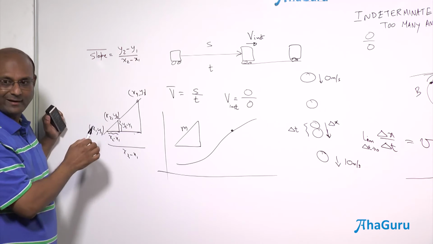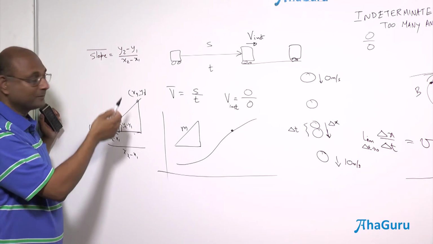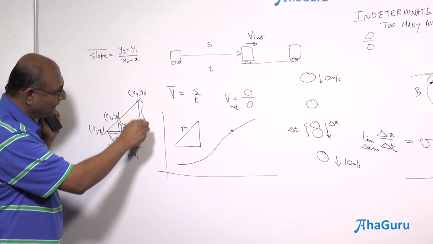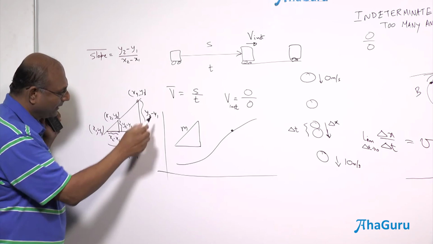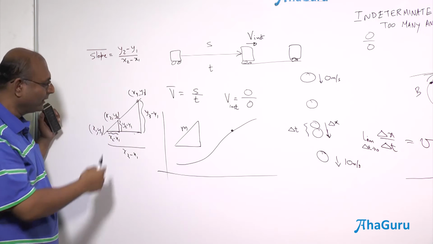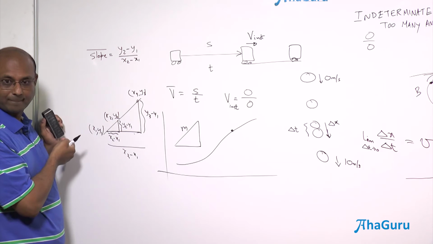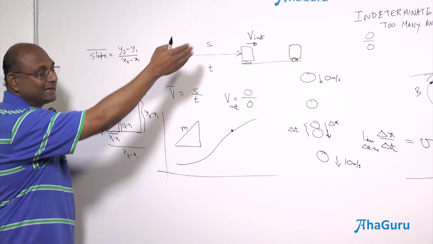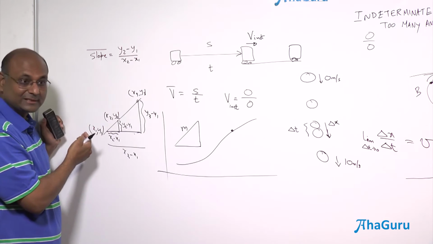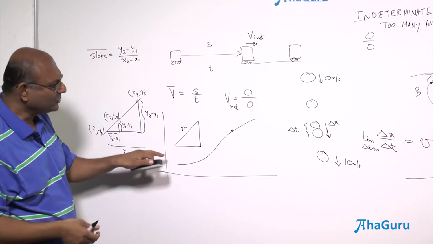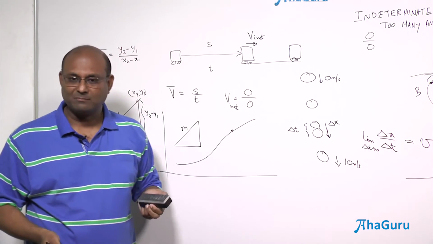It is okay here because it's a straight line. So whether I did y3 minus y1 by x3 minus x1, or y2 minus y1 by x2 minus x1, I get the same number. It is like saying constant velocity, this is constant slope. It's a straight line.